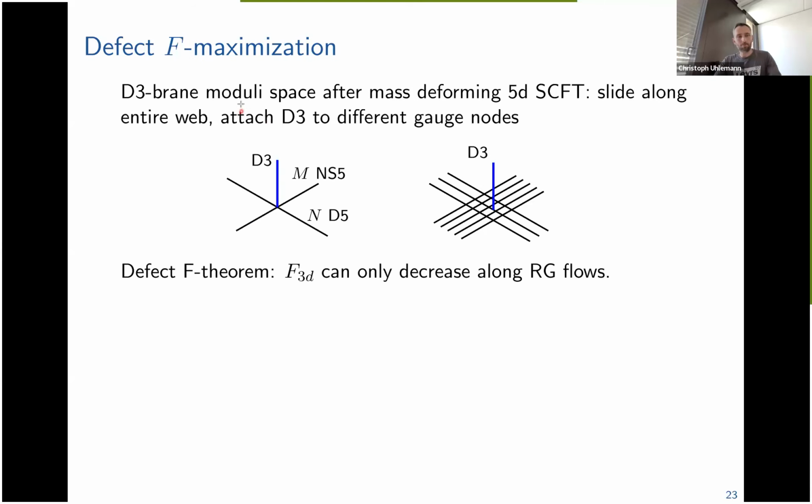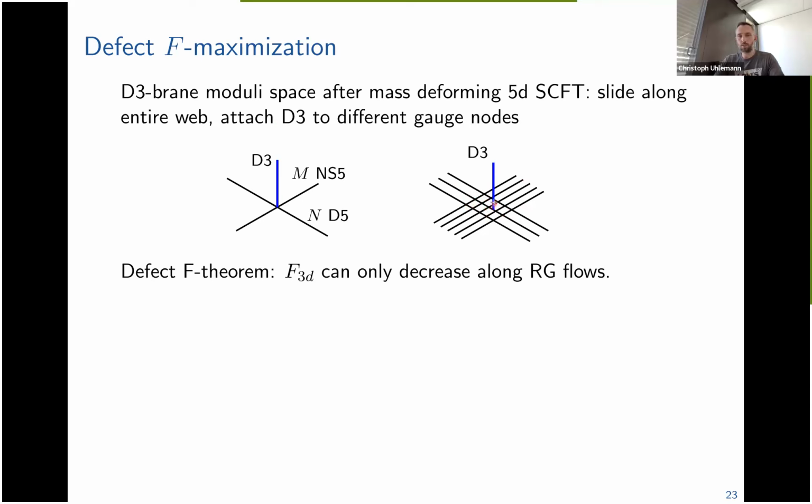So to make sense of that, I want to go back to the brane web picture and a slide I've shown before. We have our conformal field theory with a single defect, and we have our gauge theory brane web, where we can slide the D3 along the entire brane web, and these kinds of deformations moving the D3 around in the vertical and horizontal directions correspond to relevant deformations.